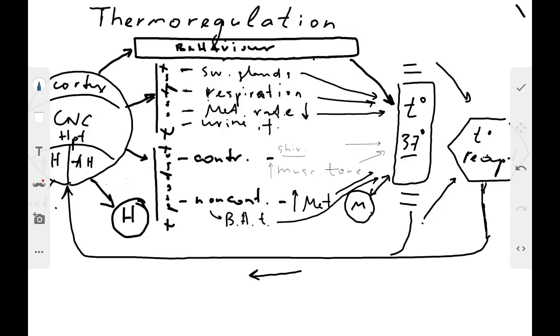When it's cold, blood vessels of the skin contract, and the heat is saved in the body.